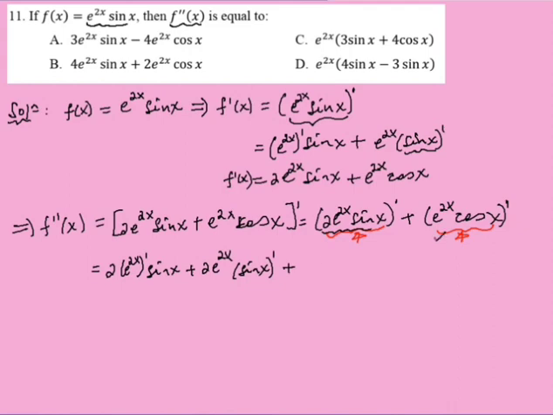And the second one will be the derivative of e to the power of 2x times cos x, plus e to the power of 2x times the derivative of cos x.